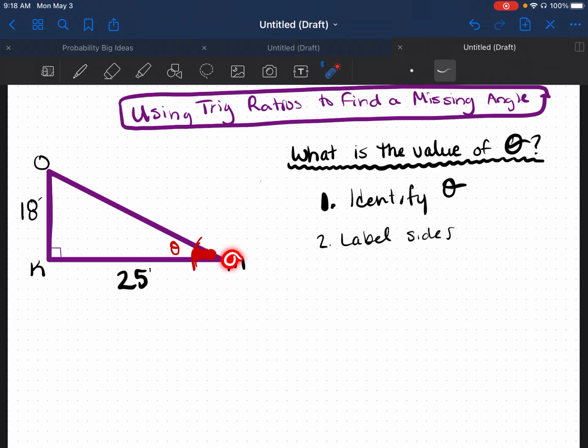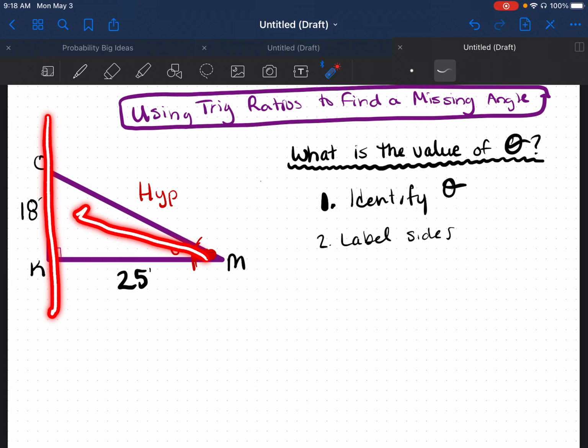So if this is my reference angle, I know that this is going to be the hypotenuse because it is opposite from the right angle and it is the longest side. So I can call this hypotenuse. Next, I can label this side opposite because it is opposite the reference angle.